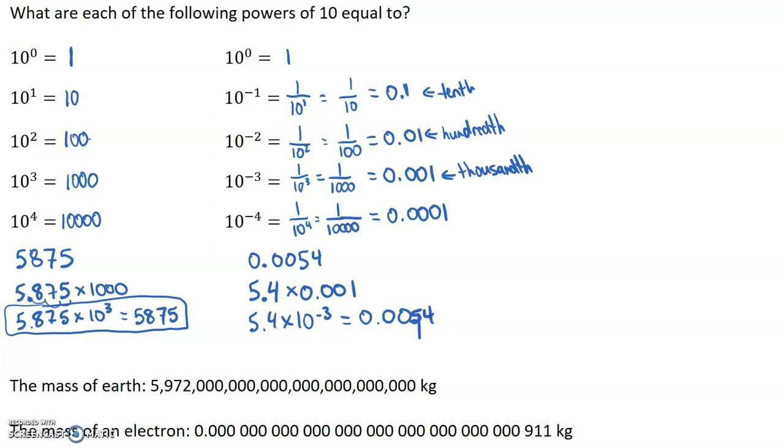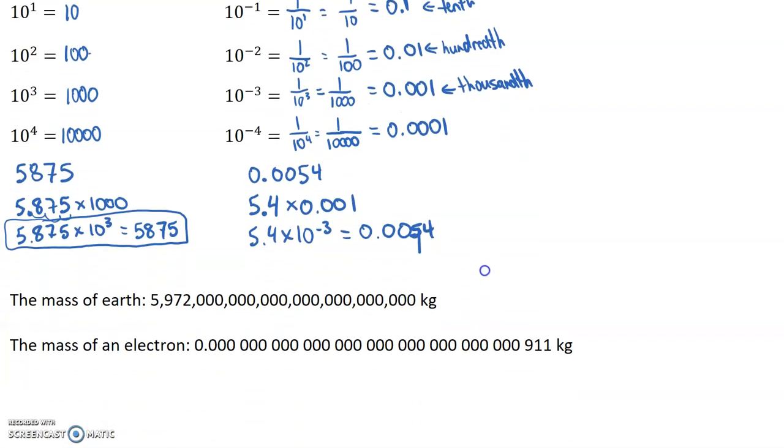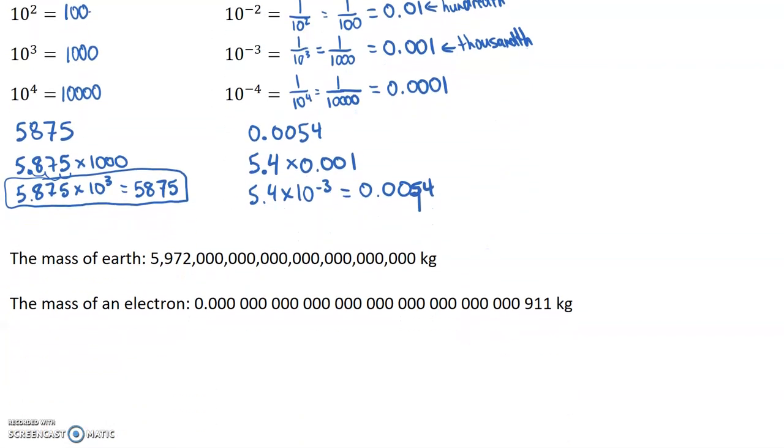The trick is to go ahead and look at a number like the mass of the Earth and count, if I was to put the decimal place after the first non-zero digit, how many numbers are still left? Well, here we've got 3, 6, 9, 12, 15, 18, 21, 24.